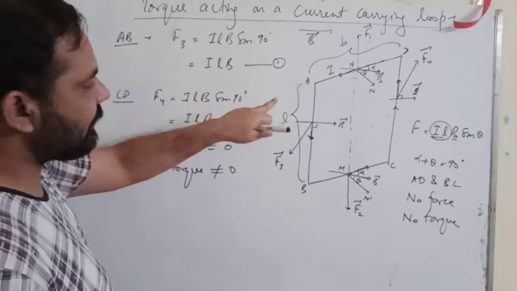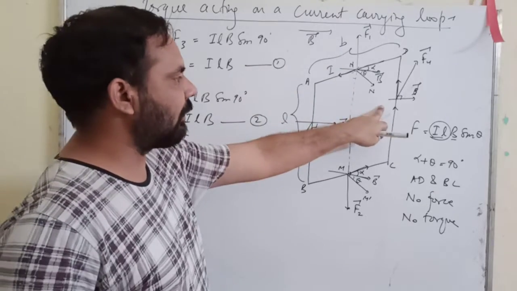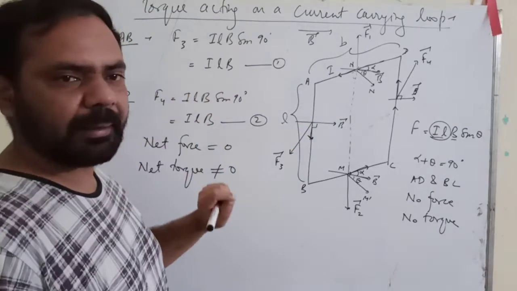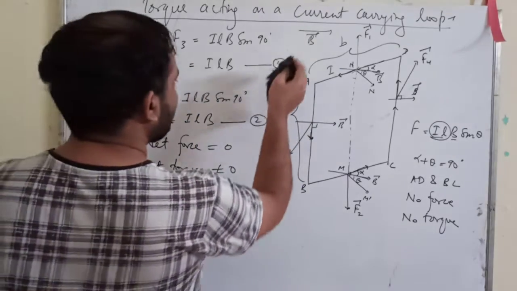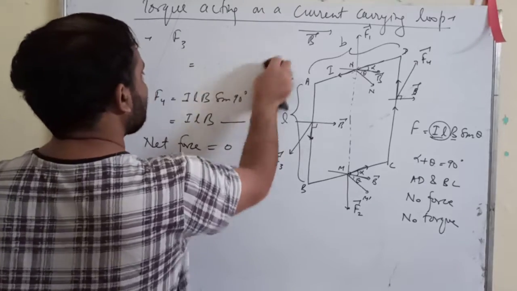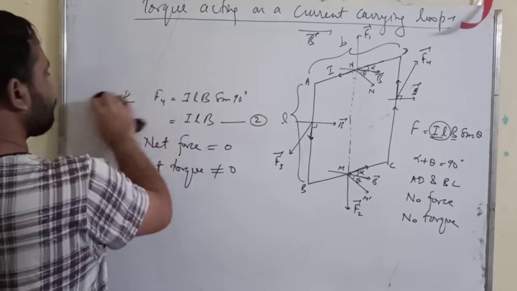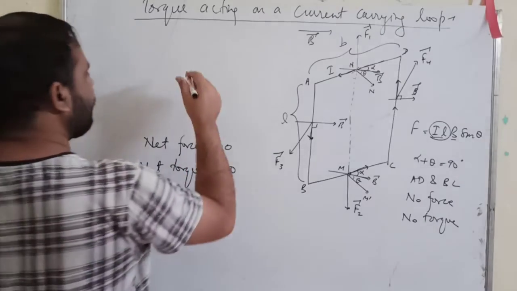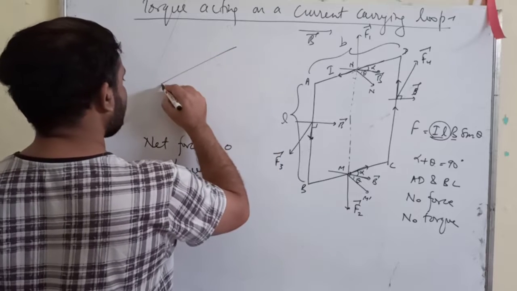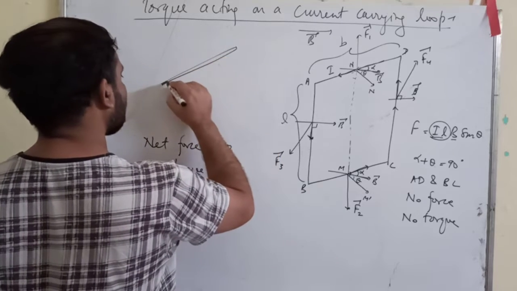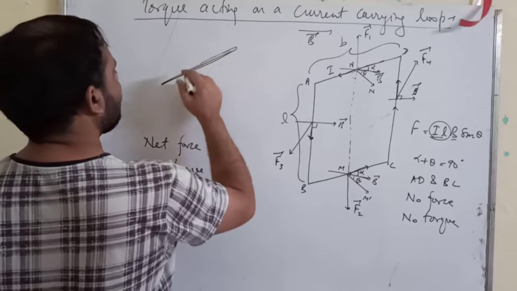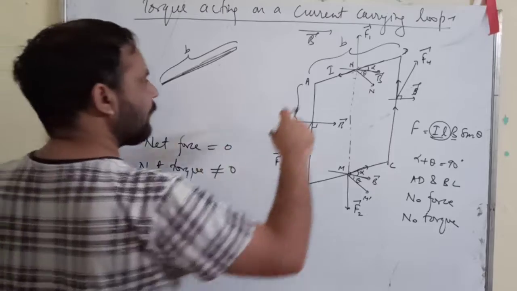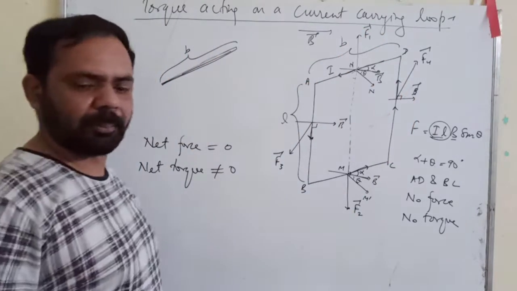So now we will obtain how much is the torque acting on the coil. So how much force is acting here on the coil? The forces acting on these two branches are F3 and F4, which are both equal to ILB. Now I make a figure here. Suppose you look at the coil from the top. If you take the top view of the coil, this is your coil from the top, and this length is B. You are looking at the coil from the top, right?